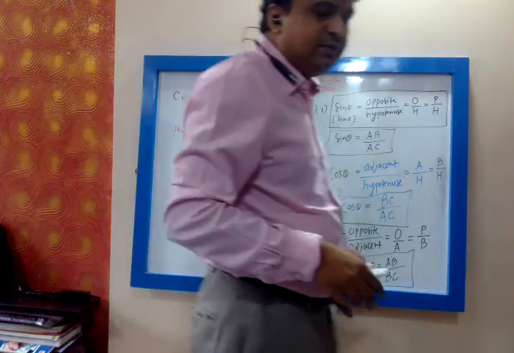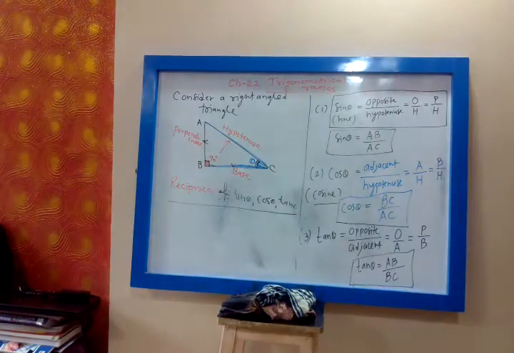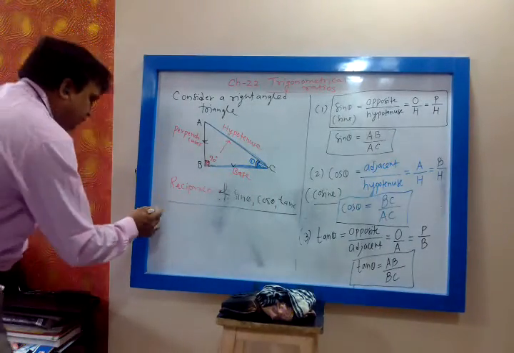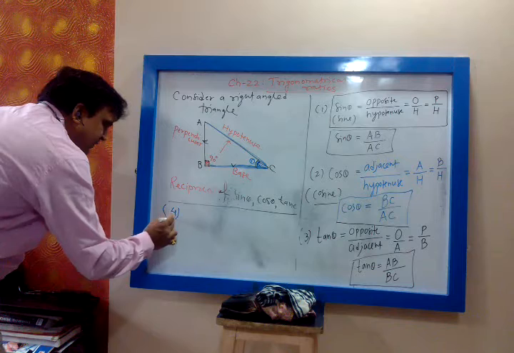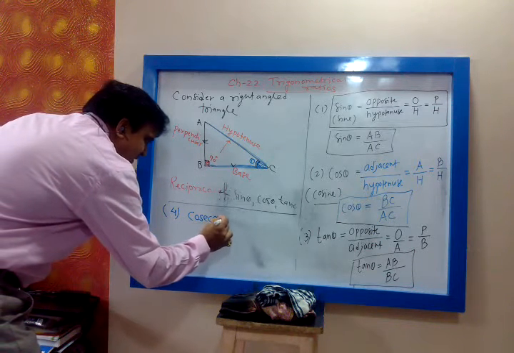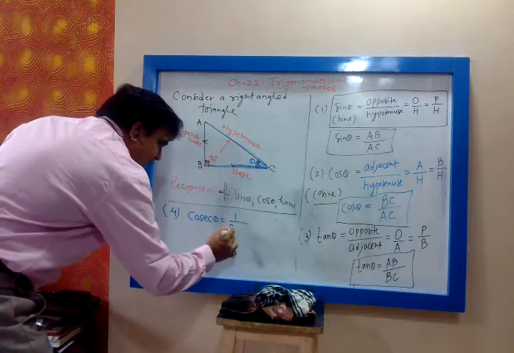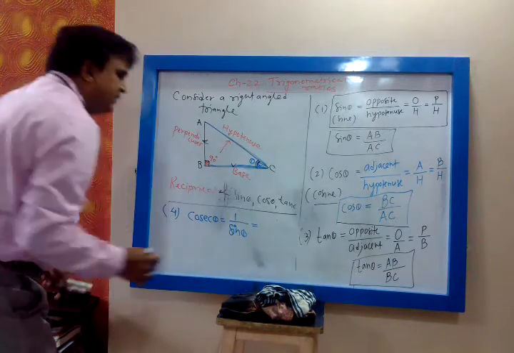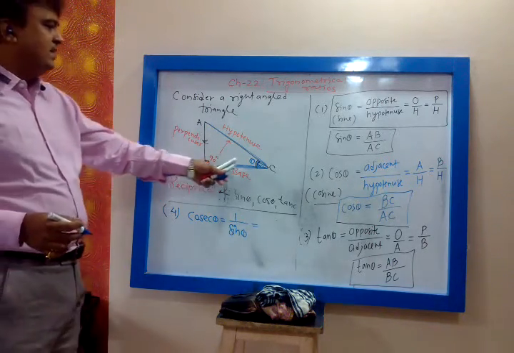This part is over, so that I can write on that side. We want the diagram. So, continuing, the fourth one is cosec theta. Cosec theta is the reciprocal of sin theta.